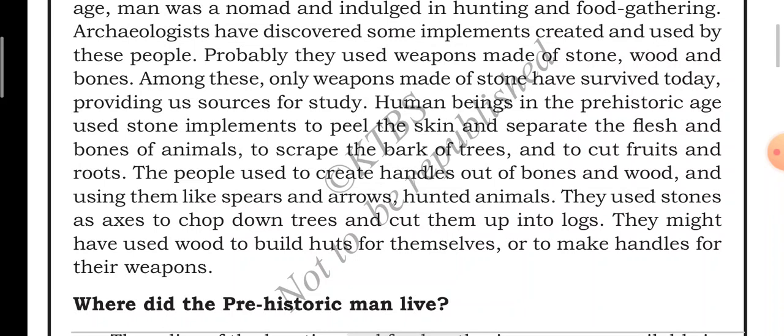Probably they used weapons made of stone, wood, and bones. When archaeologists went to find out about this period, they discovered some implements which were created and used by the people living in those times. These weapons were probably made of stone, wood, and bones.